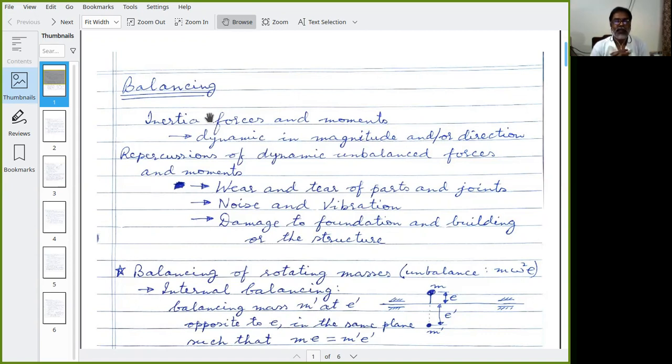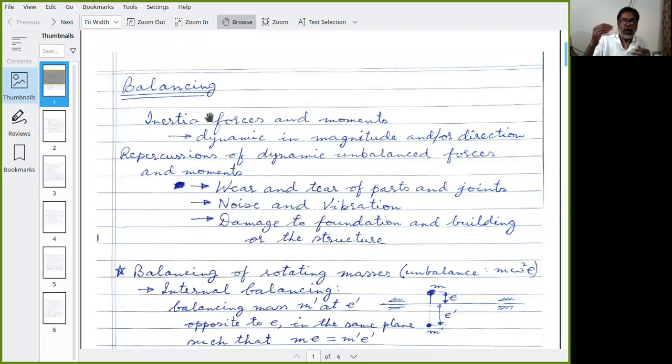So, forget about it. Now, what don't balance? The forces that some other link of the mechanism give to the fixed link, the frame, that may not balance. All of them may not balance. Now, under what condition they would balance?